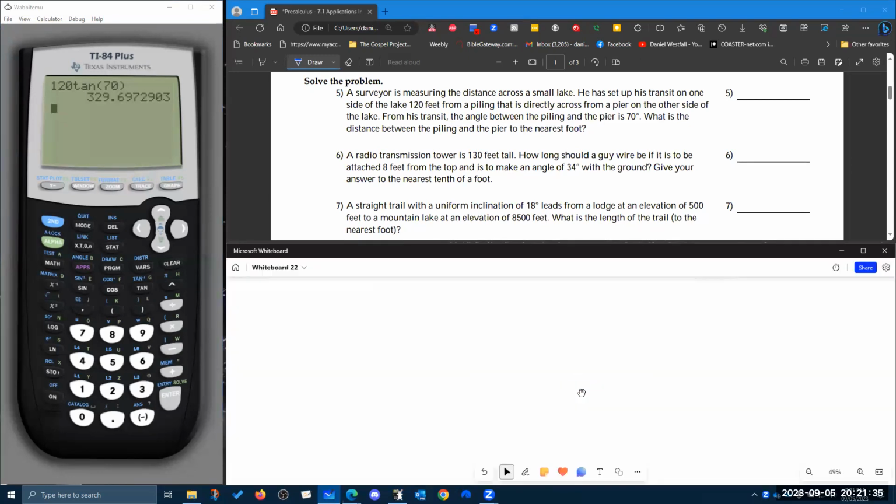Now, a radio transmission tower is 130 feet tall. How long should the guy wire be if it is attached 8 feet from the top? So this is 8 feet, and then there's 122 feet down here.